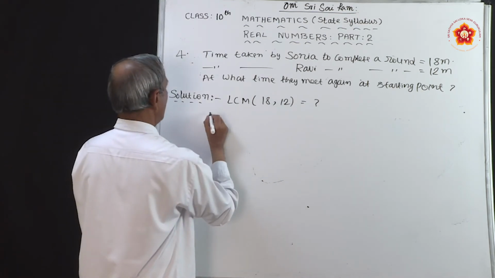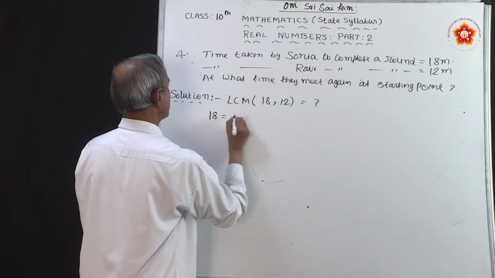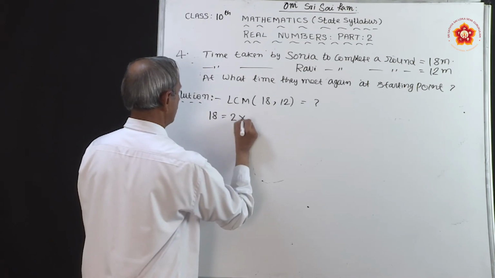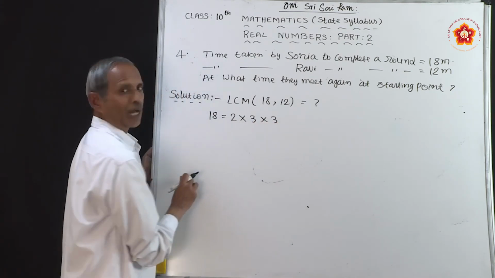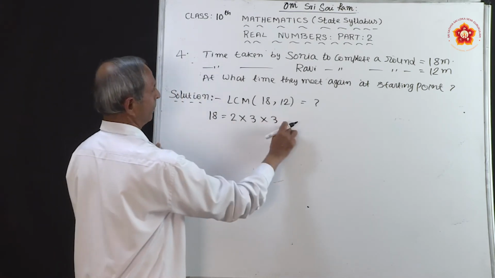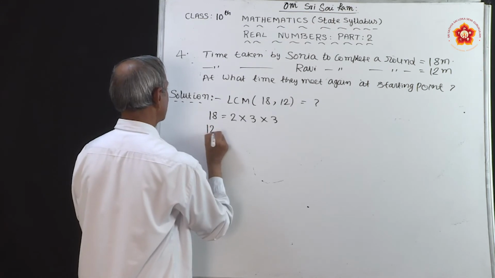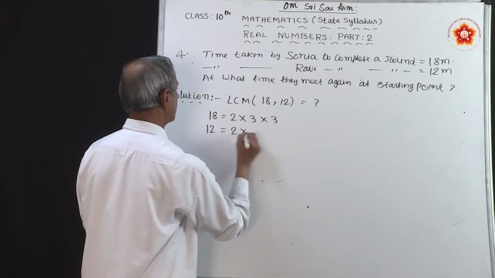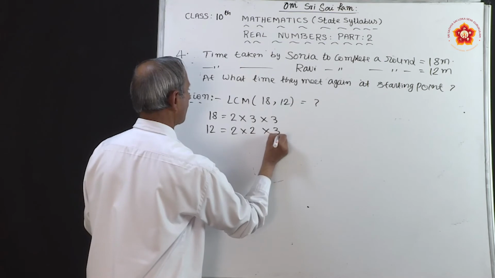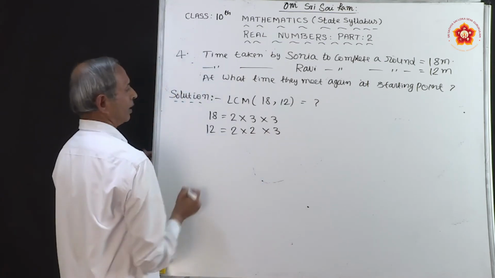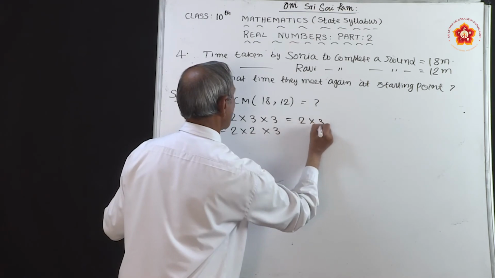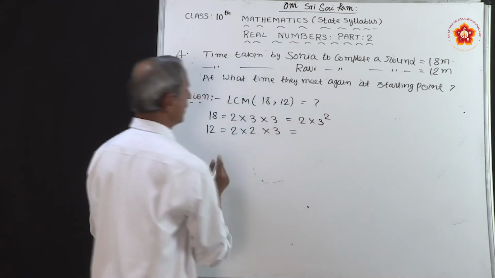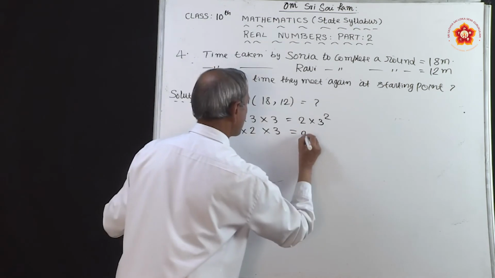Already you know, the prime factors of 18 are 2 into 3 into 3. Similarly, the prime factors of 12 are 2 into 2 into 3. Now, 18 can be written as 2 into 3 square. Now, 12 can be written as 2 square into 3.